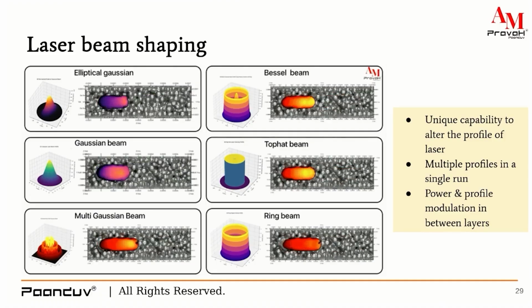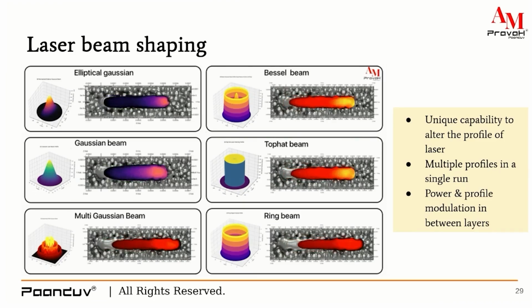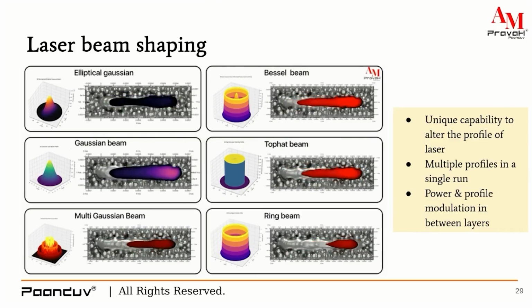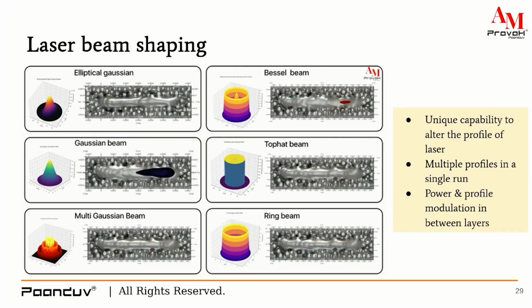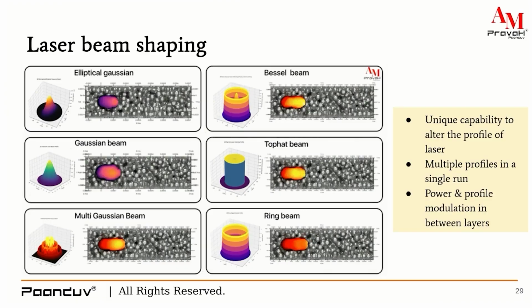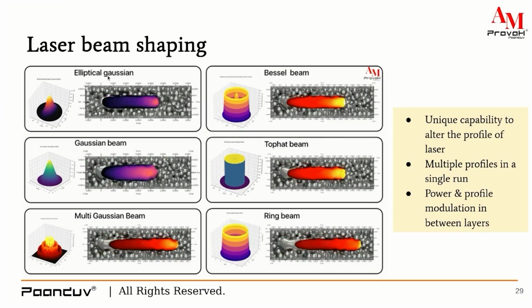So these are some common defects occurring in wire-based DED processes, and PravaH can help you mitigate these defects and visualize these defects when you use certain process parameters, and PravaH will help you optimize these process parameters to the best.